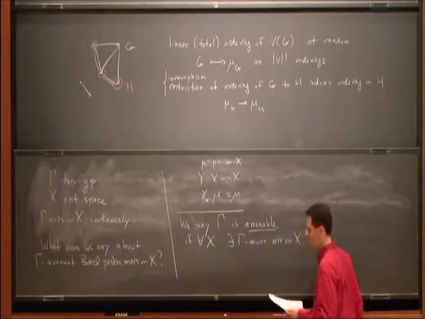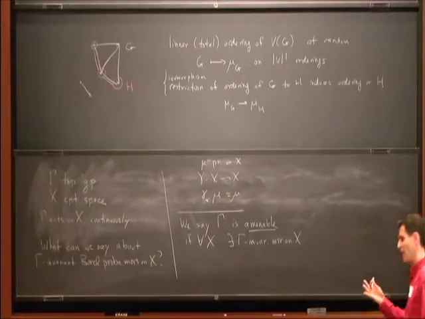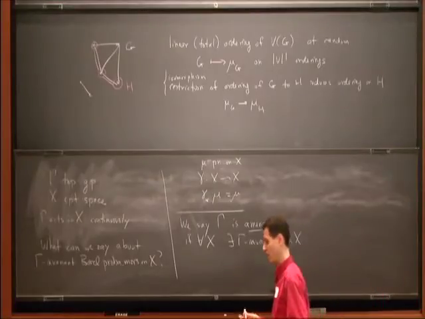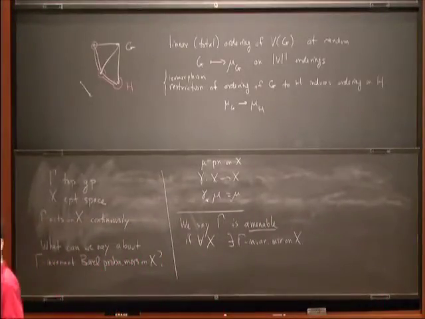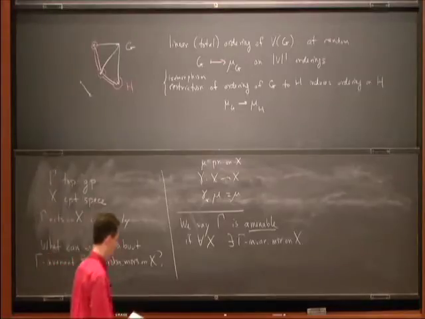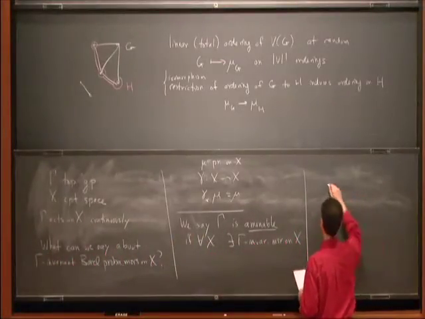So gamma is amenable if for all such X there exists a gamma invariant measure on X. So Z to the n are examples of discrete groups that are amenable. A free group on 2 letters or more is non-amenable. I'm not going to say too much about that because the focus here is really on uniqueness.